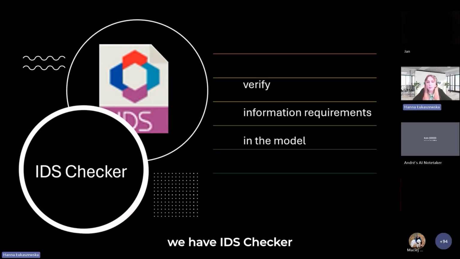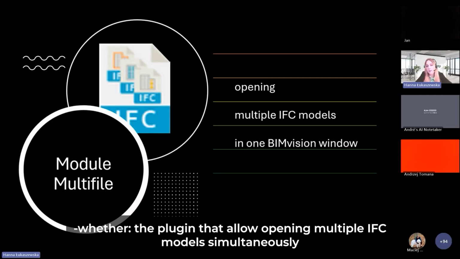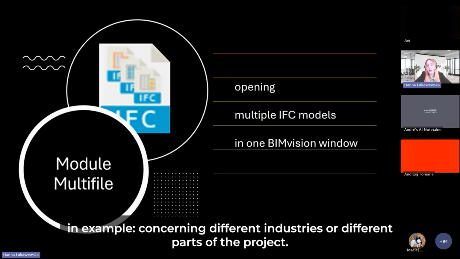We have the IDS Checker plugin. There is also a plugin that allows opening multiple IFC models simultaneously in one BIMvision window, which allows for multi-directional work on several projects, for example concerning different industries or different parts of the project.